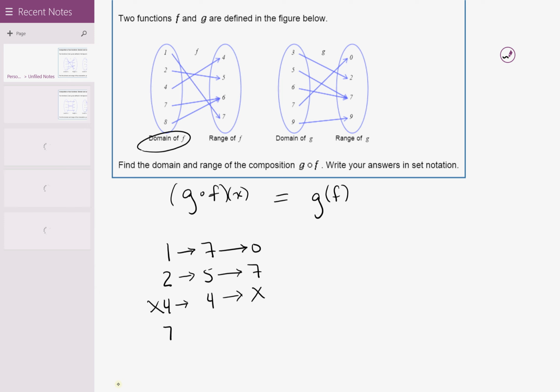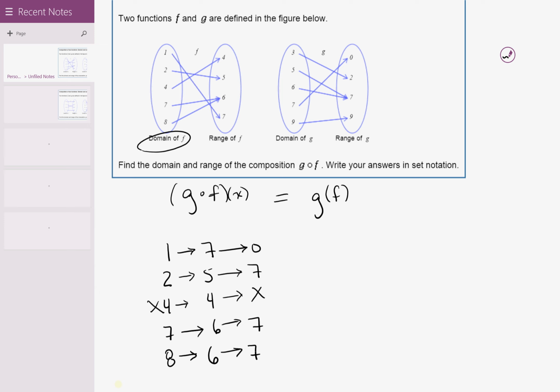Okay, 7 substituted into f leads to 6, and 6 substituted into g leads to 7. And 8 substituted into f leads to 6. 6 substituted into g leads to 7.